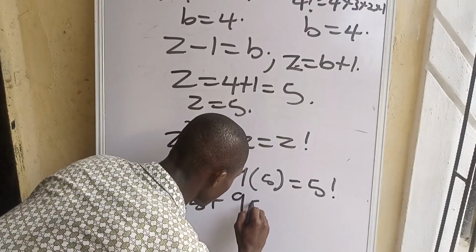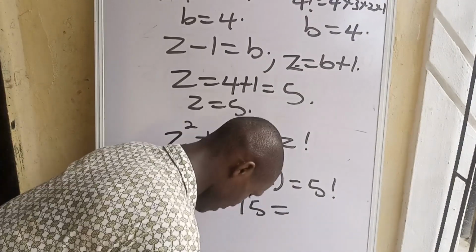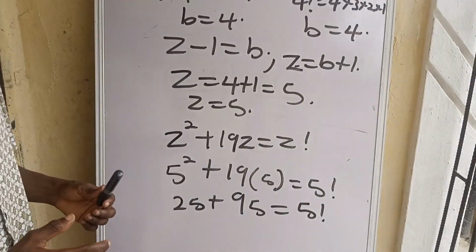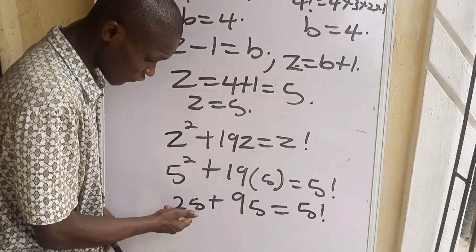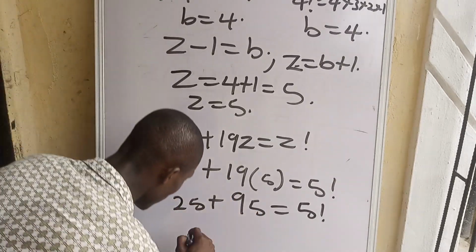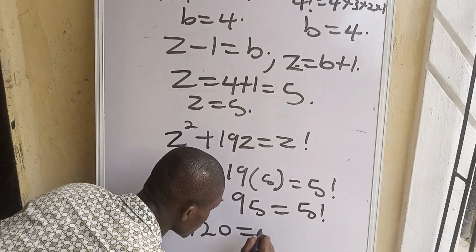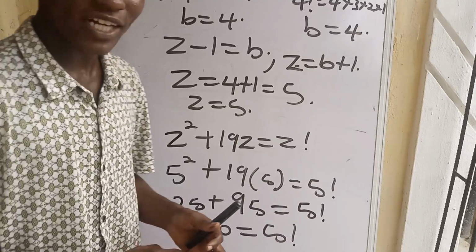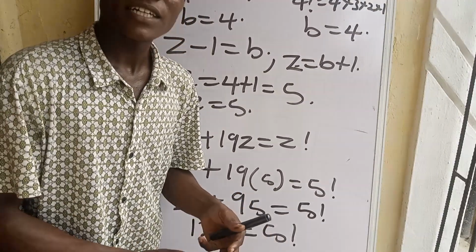So we are left with 25 plus 95 is equal to 5 factorial. 25 plus 95 is going to give us 120. So we are left with 120, and 120 is equal to 5 factorial. So what then is 5 factorial? 5 factorial says 5 times 4 times 3 times 2 times 1.